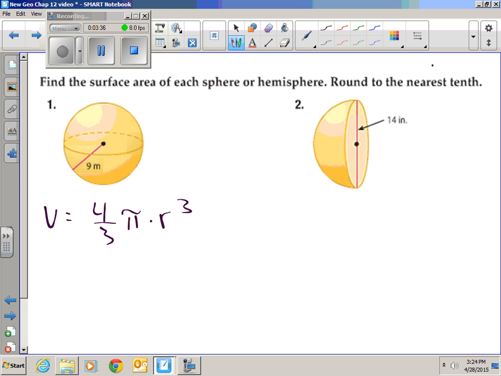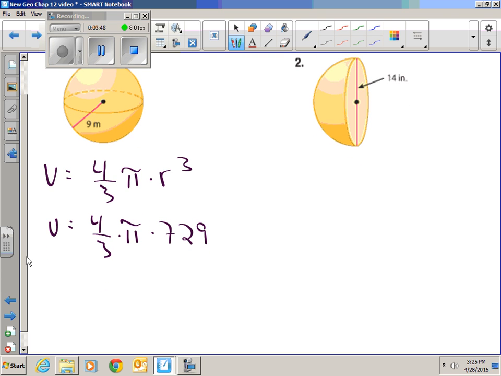So in this case, I have volume equals 4/3 times pi times 9 to the third power is 729. This now becomes, if you do a little math, 972 pi, which is equal to approximately 3053.5.